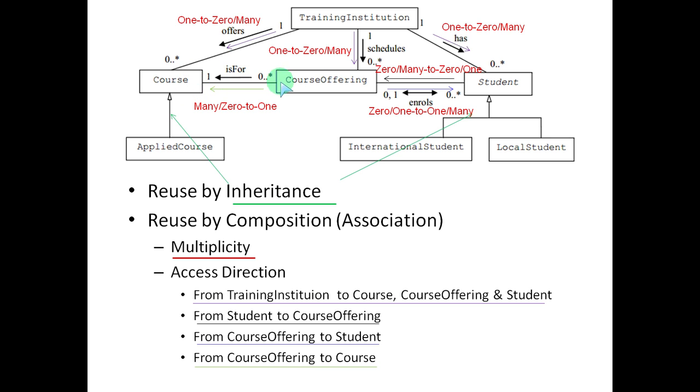In this case, there could be many course offerings accessing one course object, many to one. You will learn more about this in your further courses, but bear this in mind because it is related to reuse by inheritance and reuse by composition. You are required to answer this in the TMA also.